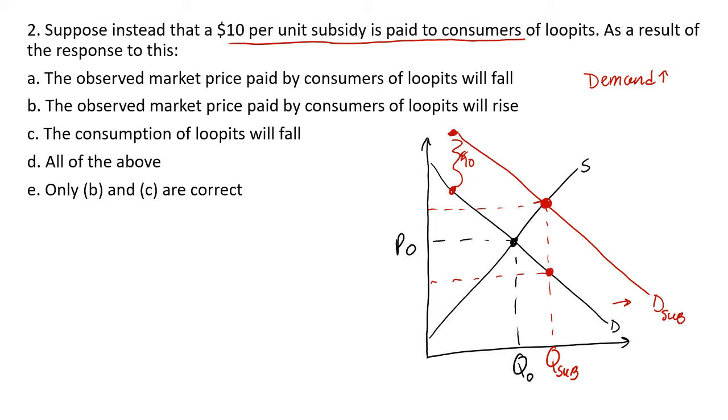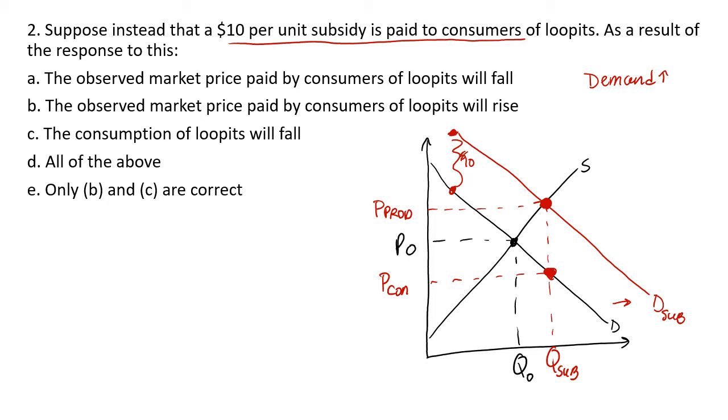So to figure out which is which, this dot is on the demand curve, so that must be the consumer price. This dot is on the original supply curve, so this is the producer. Notice, just like in the picture in the first question, the producer price is higher than the consumer price. It's going to be the case for a subsidy no matter who the subsidy is placed on.